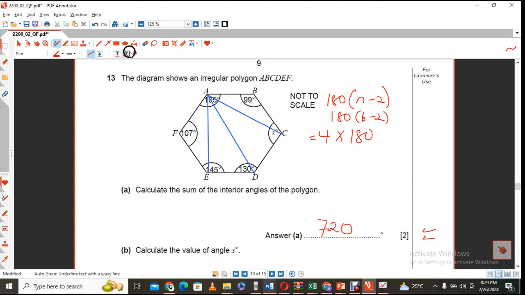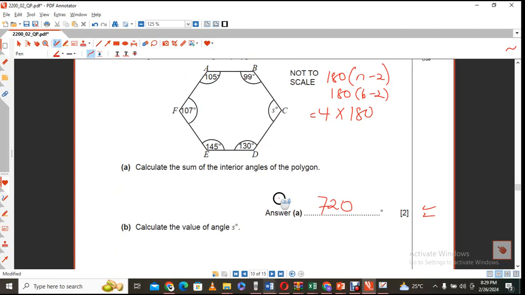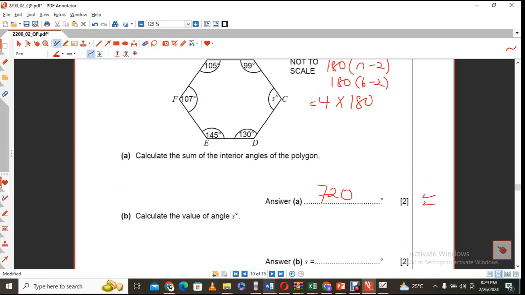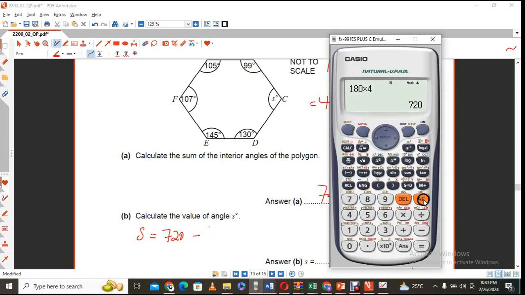Alright, having said that, I'm going to remove this because that was for effect. Now we can calculate this missing angle by simply adding all the others and then subtracting from 720 degrees. So angle S will be 720 degrees take away the others. I'm just going to add them on the calculator, you can join if you want.